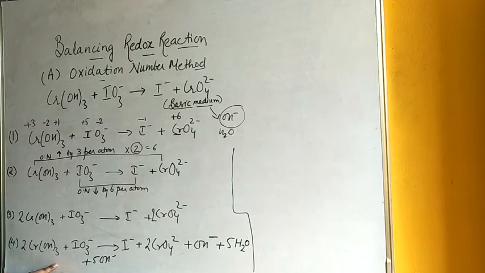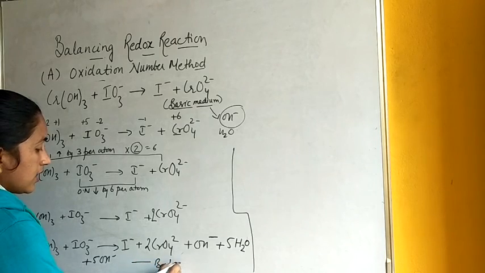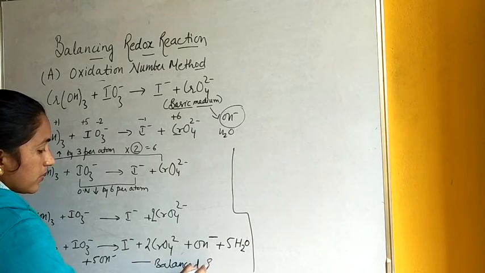So how much is it now? You can see it is 3 twos are 6, 6 plus 5, it is 11. Here we have 5 twos are 10 plus 1, 11. You can do it this way also. So at the end, this is going to be the final answer, the fifth equation, the balanced equation.